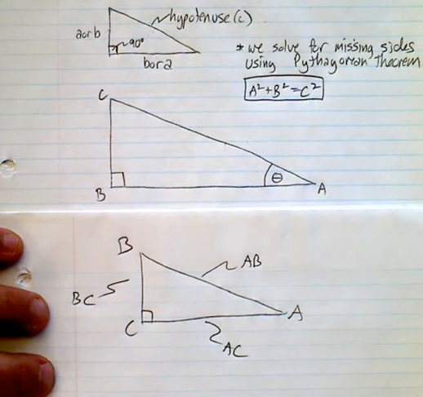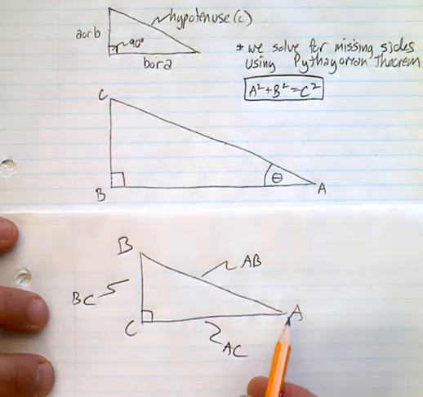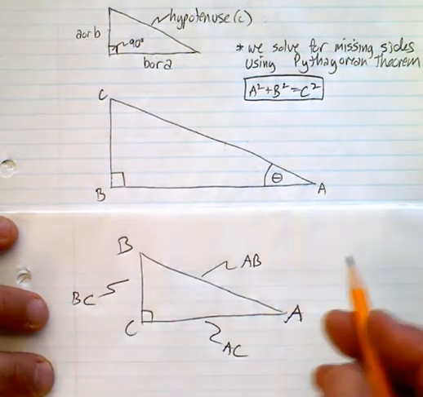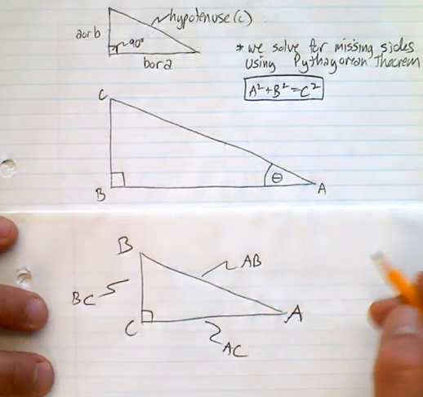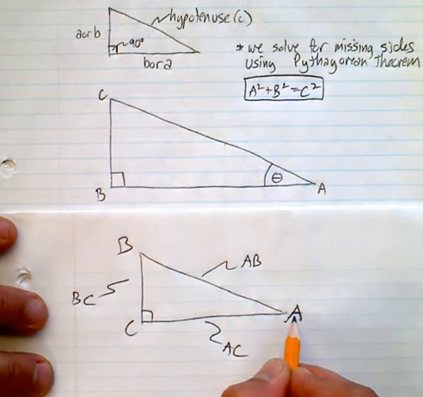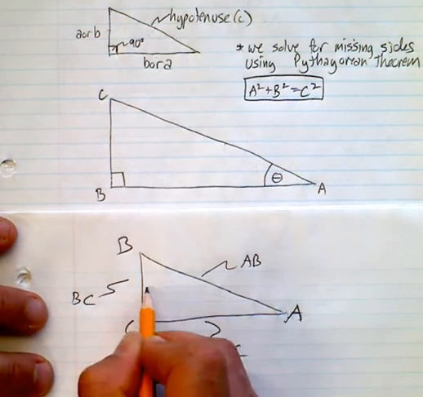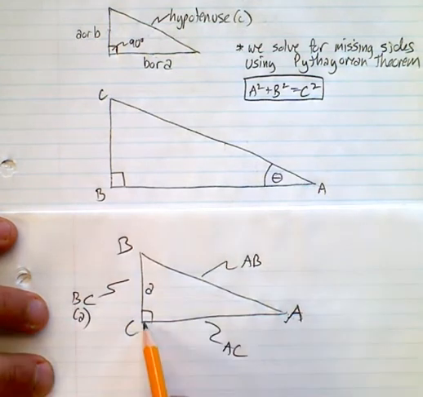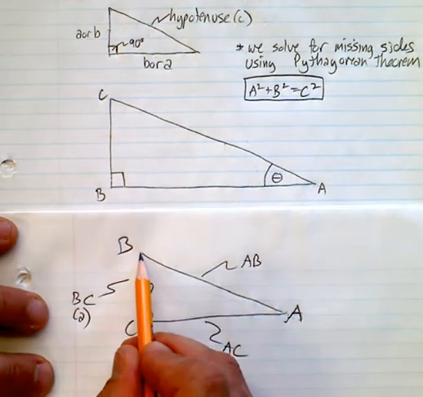Another way to label it is that we give big letters, so capital letters, to the angles, and then we give smaller letters to the opposite side. So the side opposite this angle would be this one, and we call this side little a. This is angle B, shoot across.